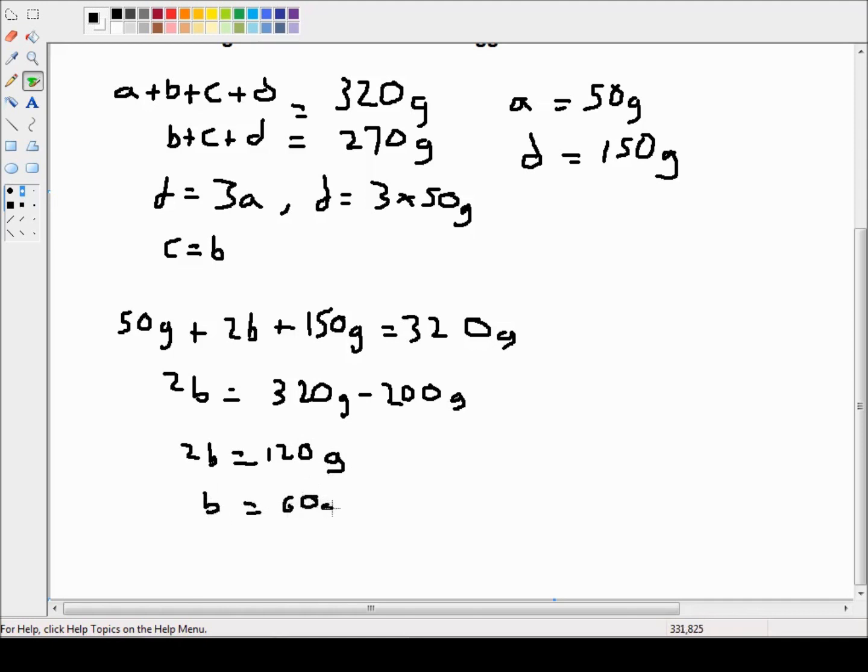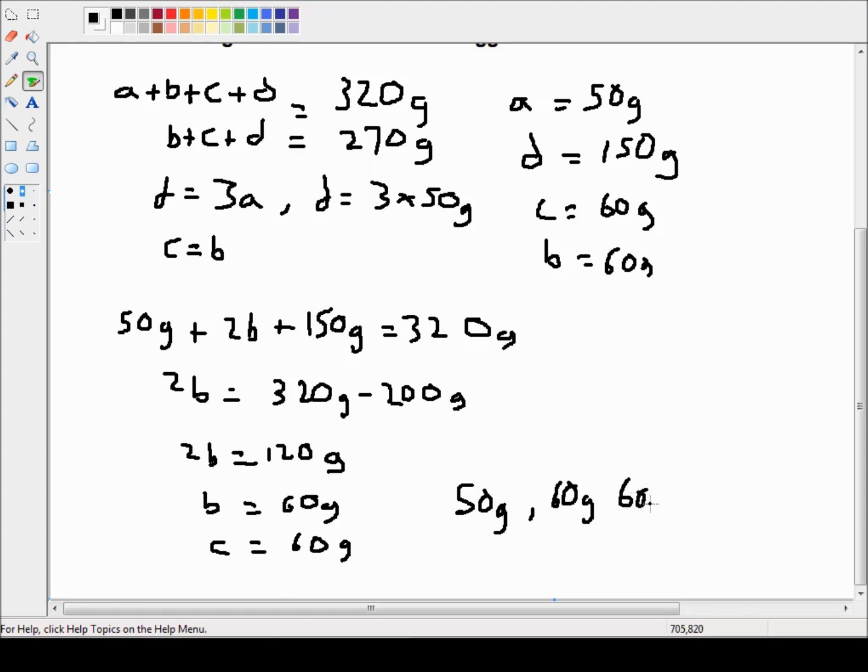And since we know that B is equal to C, then C is also equal to 60 grams. So in weight order, our eggs are 50 grams, 60 grams, 60 grams, and 150 grams.